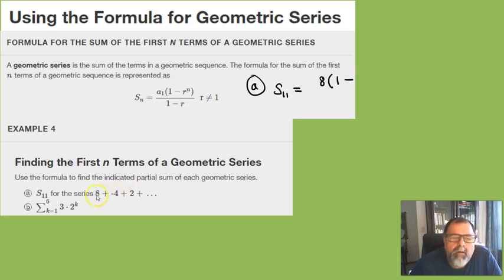Now, remember, r is equal to, you take any term divided by the term immediately preceding it. So we got negative 4 divided by 8, so that's negative 1/2.